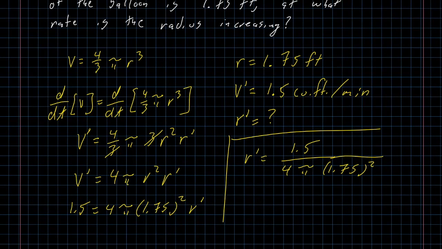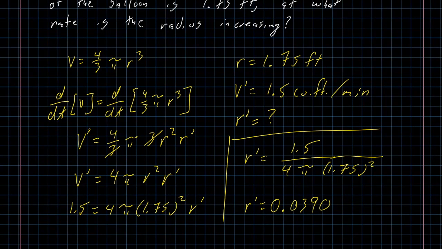If you have a calculator on hand, that might be useful to use at this point. Let's see. I get that r prime is approximately 0.038976. I'll round that up to 0.039.